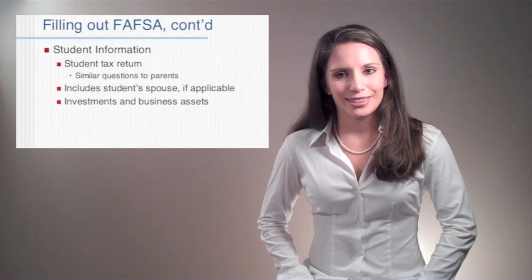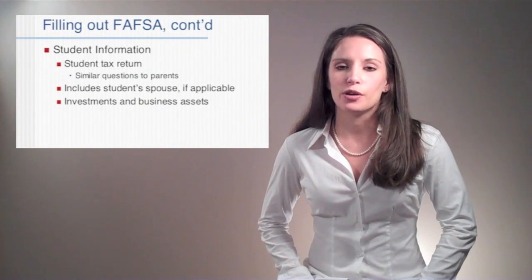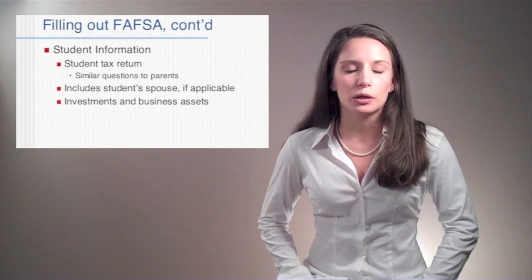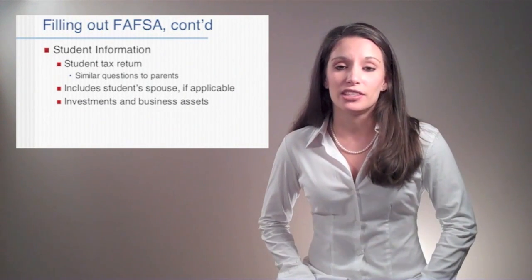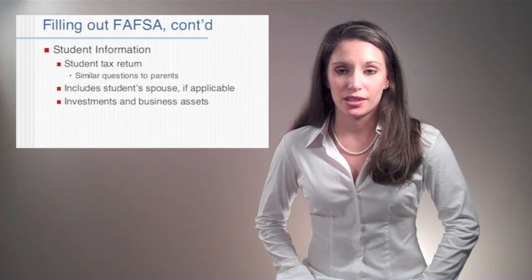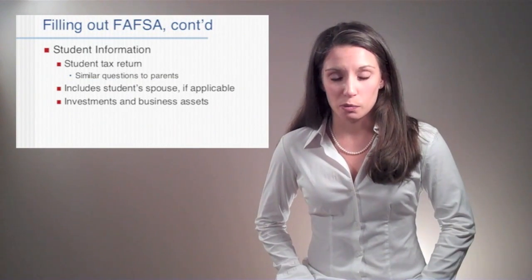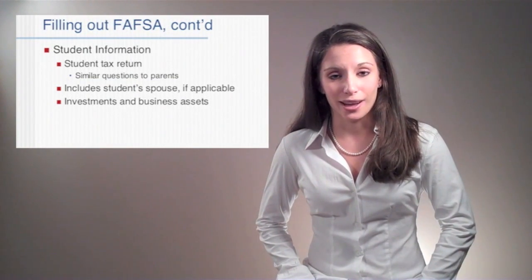The next page is student information, and it refers to the student's tax return with very similar questions to the parents'. Follow the directions, find the numbers on the 1040, submit the answers. It'll also ask if the student has a spouse, and will ask about those assets as well.